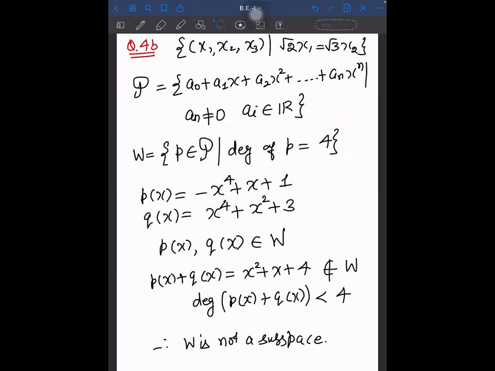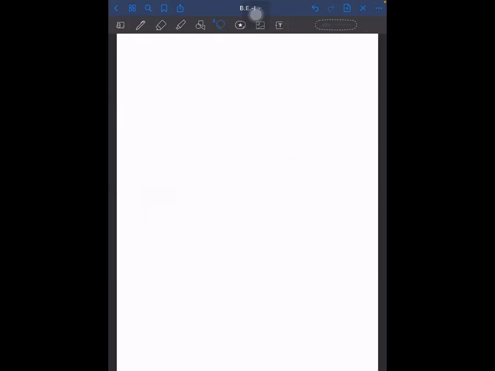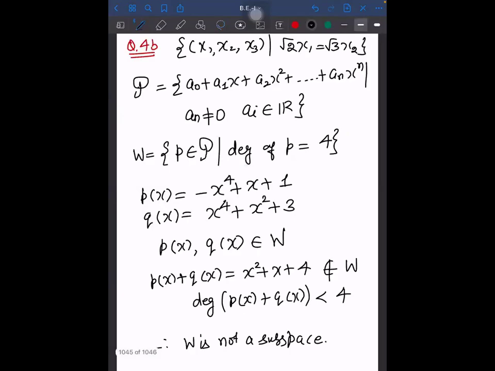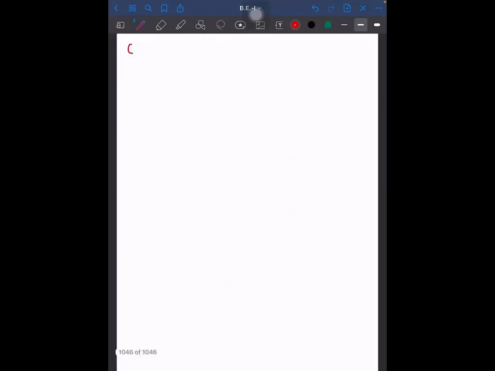Are you with me on this? Okay, so see this. This is question number 5a, which I've done. Now let's say I'm doing question number 5b, and that is all those polynomials having degree less than or equal to 3.